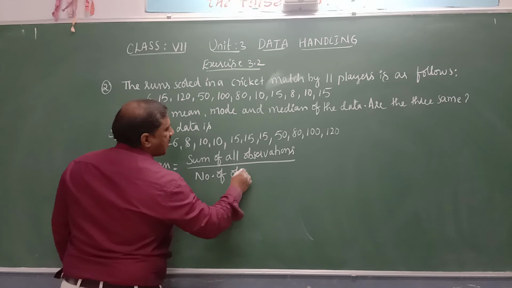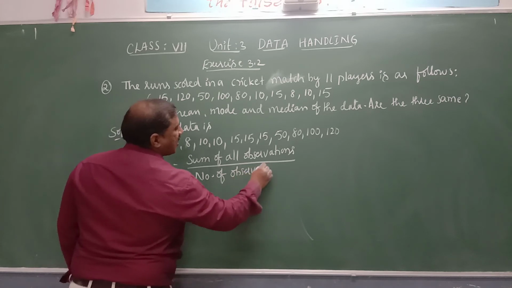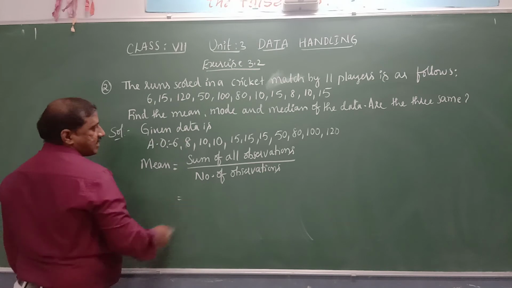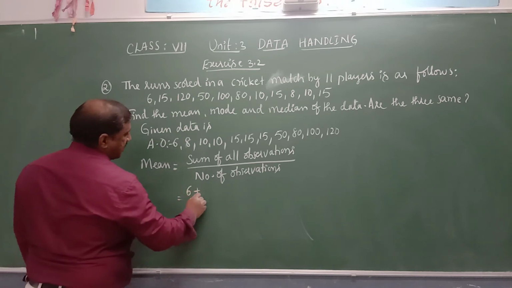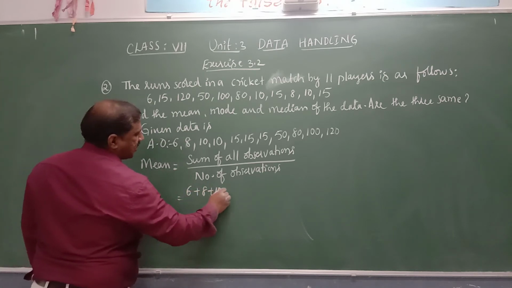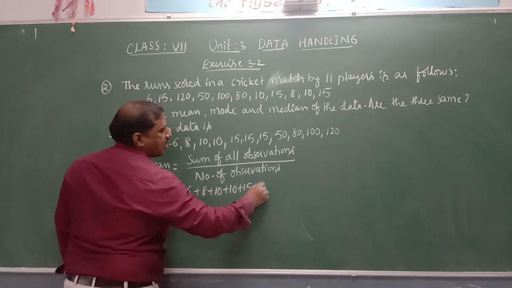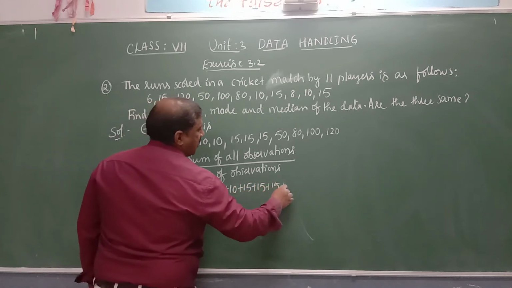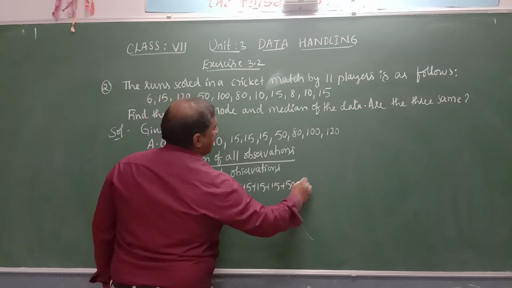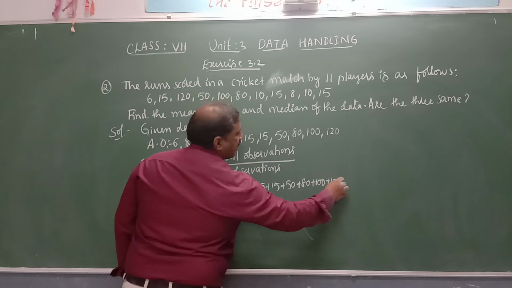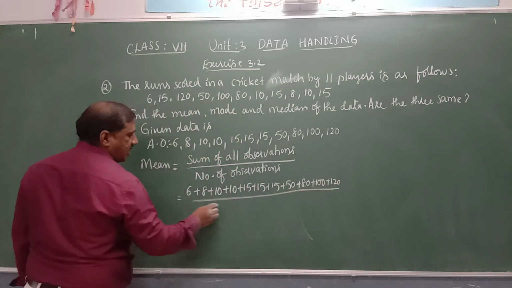How many observations are there here? 11 observations. Sum of observations is 6 plus 8 plus 10 plus 10 plus 15 plus 15 plus 15 plus 50 plus 80 plus 100 plus 120, divided by 11.